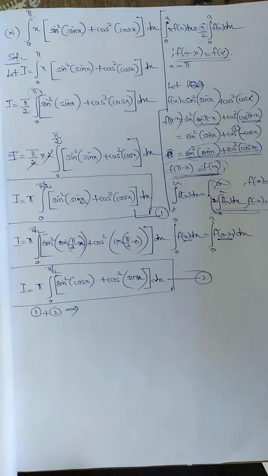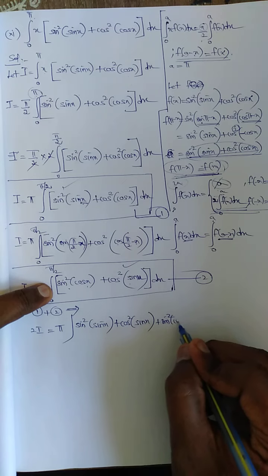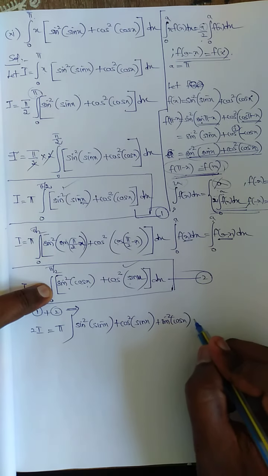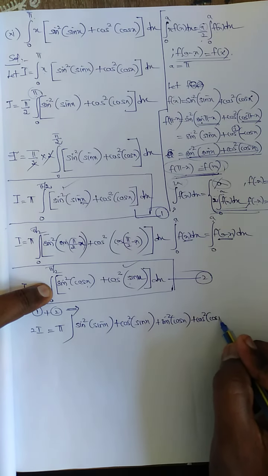I plus I, 2I. Pi is common, so take pi outside. Keep dx outside. We need to add sine square sin x and cos square sin x. First we will add this one, sine square sin x, plus cos square sin x. Next, this one, sine square cos x plus cos square cos x.